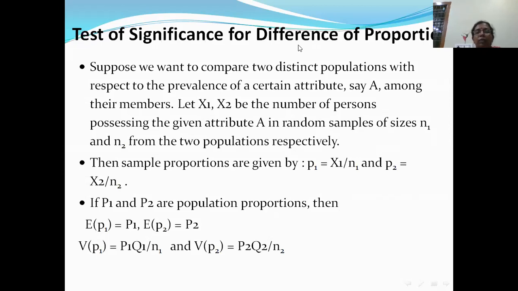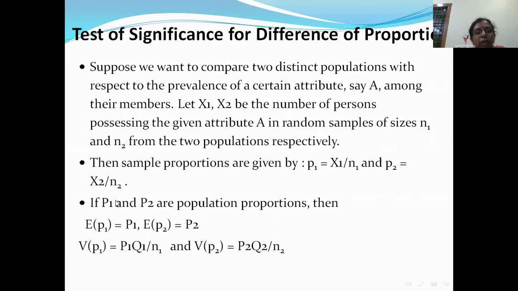That means you have two different populations, and from each you have taken a sample of sizes n1 and n2. In the first sample, x1 persons possess the attribute A, and in the second sample, x2 persons possess the attribute A. The sample proportions will be p1 equal to x1 by n1 and p2 equal to x2 by n2.